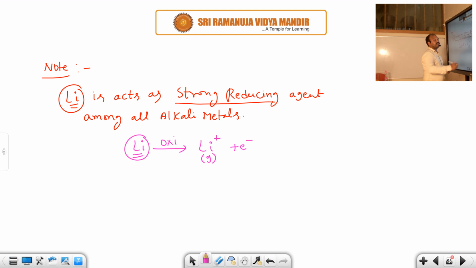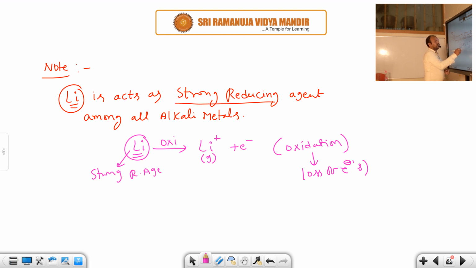Due to the loss of electrons, lithium can easily form a cation compared with all other alkali metals, and that is why it acts as a strong reducing agent.